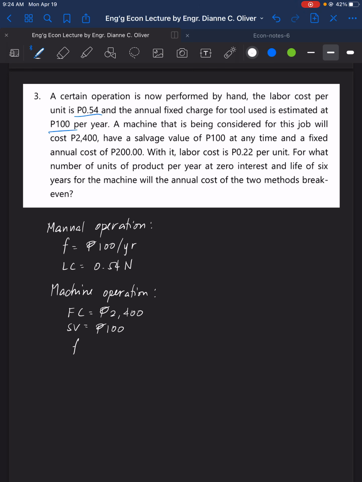Fixed cost F of 200 pesos with the labor cost of 0.22 per unit. So let's put that N. Okay, so that's all for the cost. So 2,400, 100, 200, 0.22.